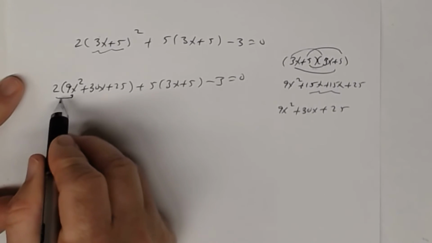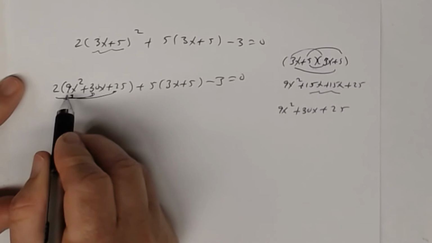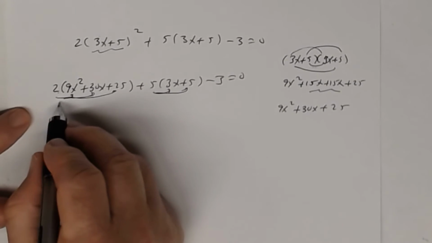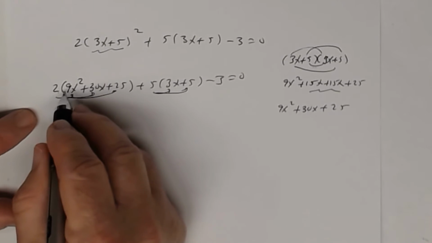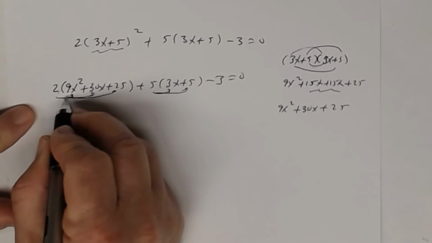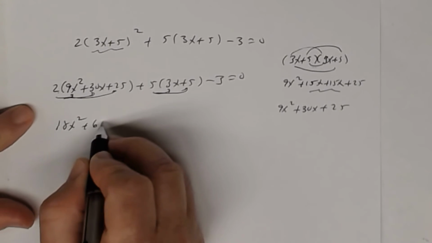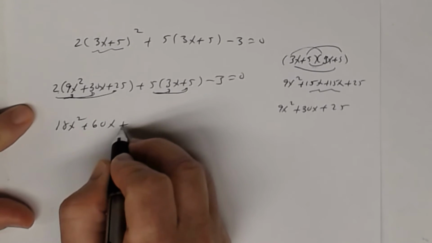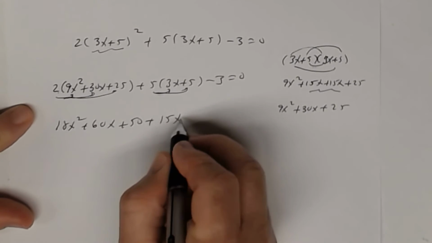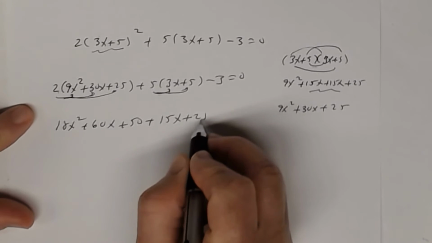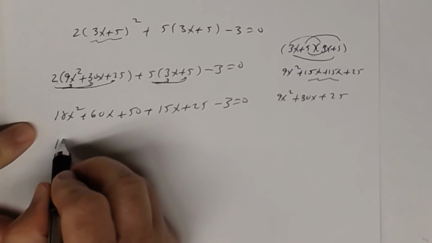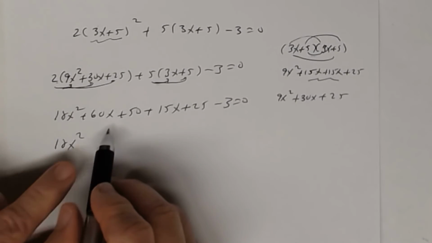Now, distributing the 2 over those three terms and the 5 over those two terms, here's what we get. 2 times 9x squared is 18x squared. 2 times 30x is 60x. 2 times 25 is 50. Plus 5 times 3x is 15x. 5 times 5 is 25. Minus 3 equals 0.